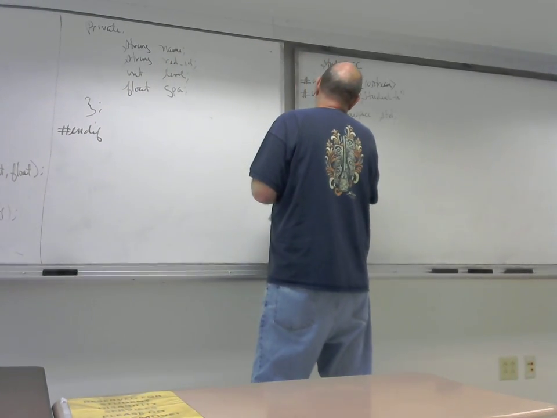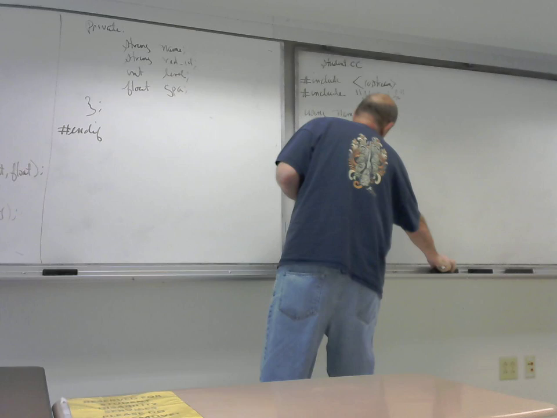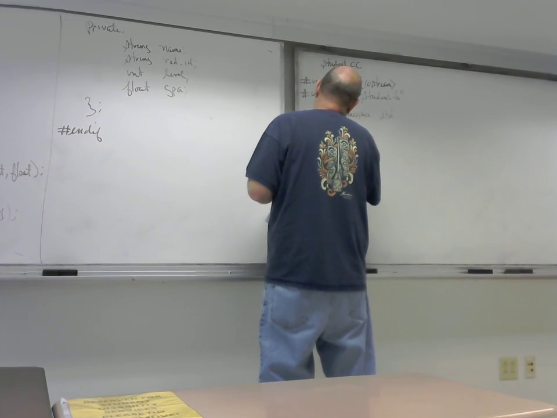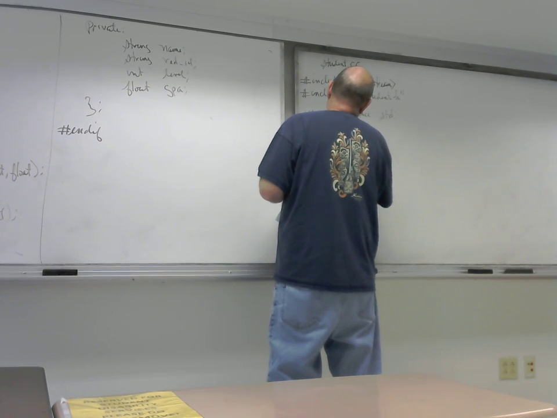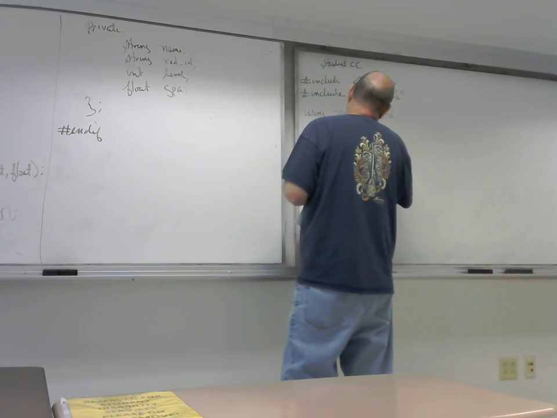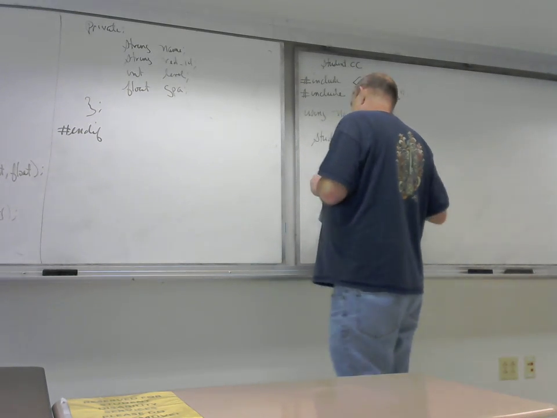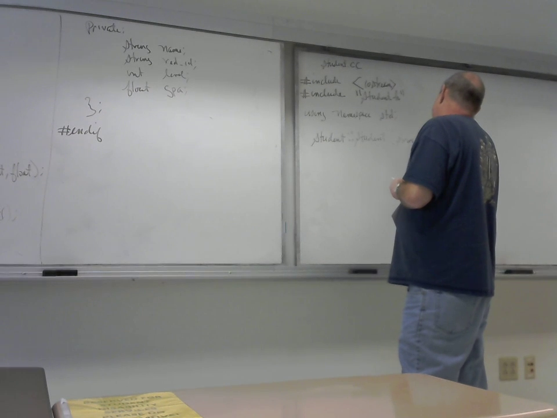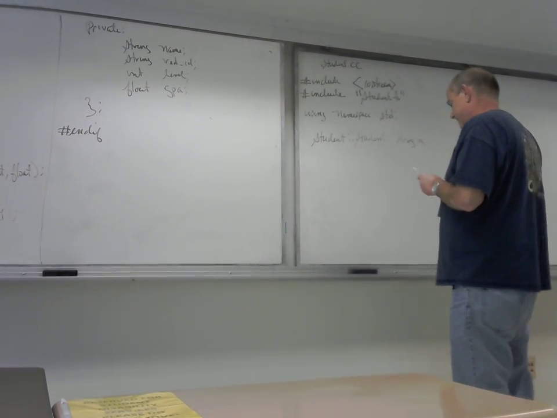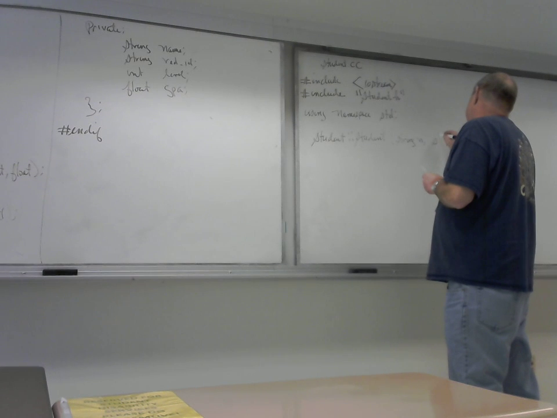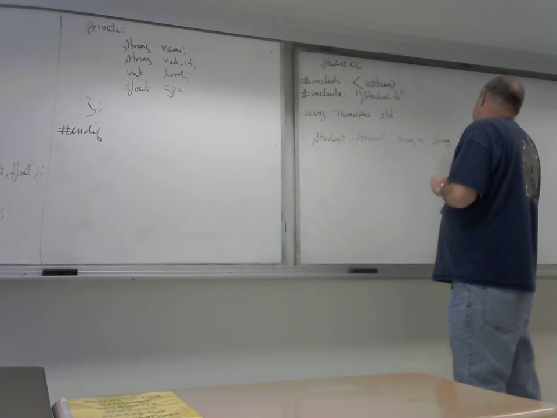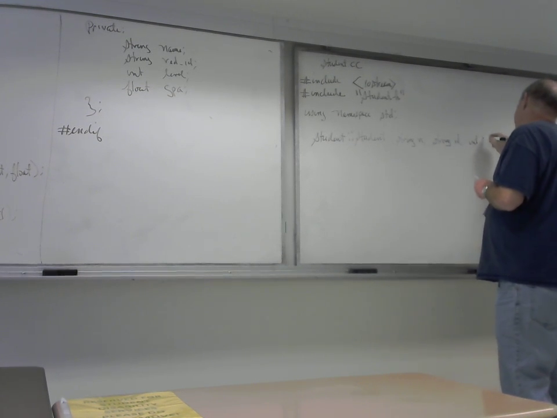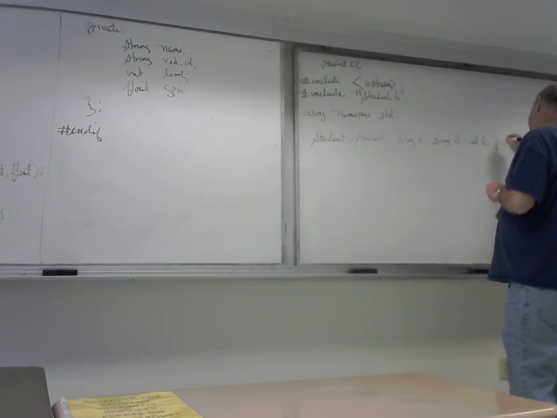Student, double colon, Student. This is your constructor. String name, string red ID, int level, float GPA.